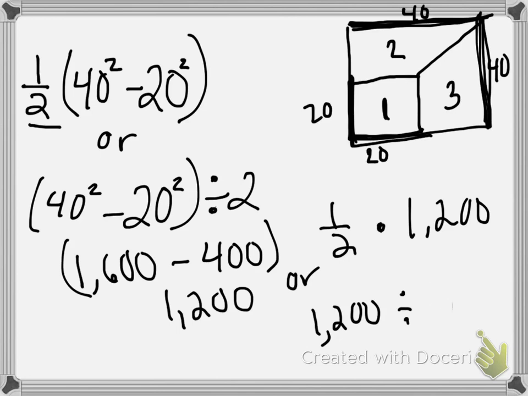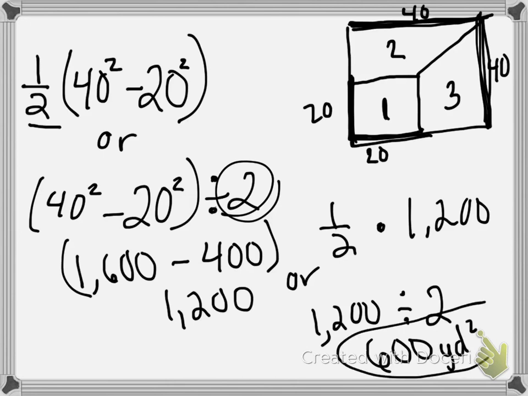I don't know why I wrote 6. You're supposed to divide that by 2, like I had up here, to split it in half. So 1,200 divided by 2 gives us 600. So then we know that zone 2 is going to be 600 yards squared.